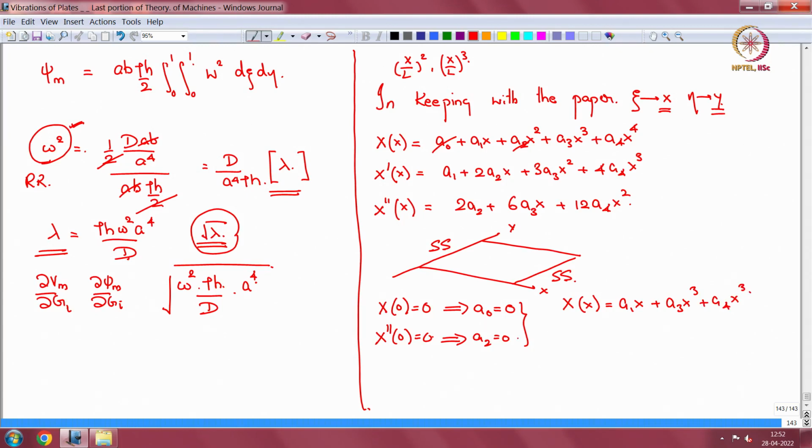Further, X at 1 is equal to 0 also. Now, I said x and y are non-dimensionalized variables. So X at 1 is 0. If X at 1 is 0, that means a1 plus a3 plus a4 is 0.